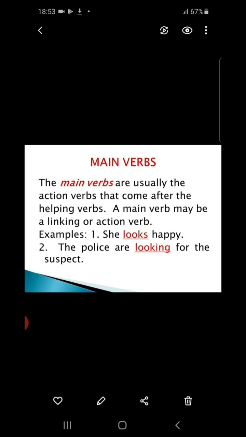So, looking over here is acting as the main verb. So, this word looking provides meaning to the whole sentence.